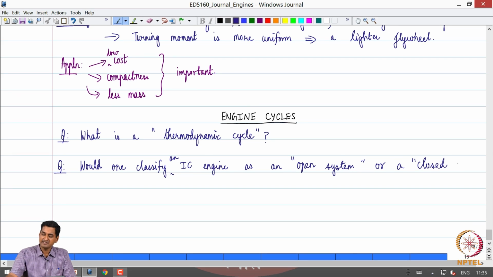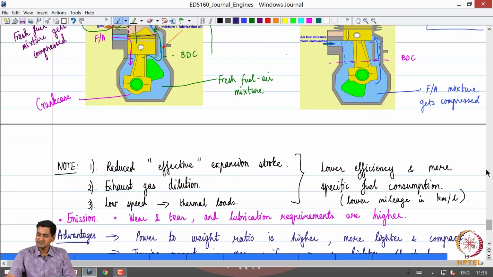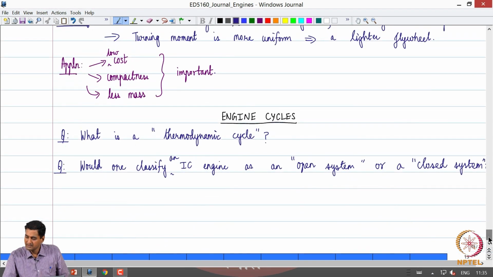We would have once again encountered these terms in thermodynamics. What is an open system? An open system is one where you can have both mass and energy transfer between the system and the surroundings. A closed system is one where you can have only energy transfer, but no mass transfer, between the system and surroundings.